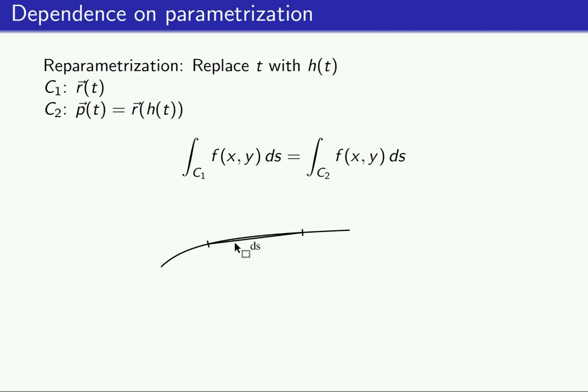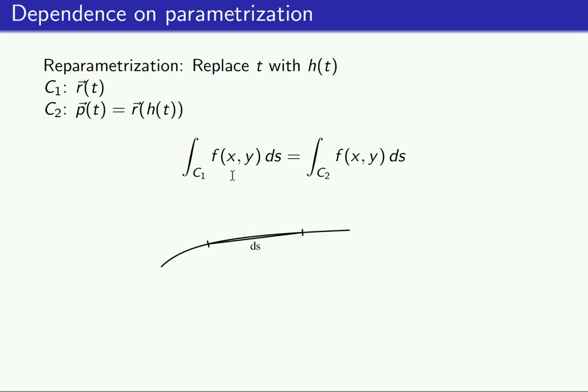Here's the curve. Here are two tick marks. Here is ds. That's this length. We're going to multiply f times ds. Now here's the thing. These tick marks will be in different places for these different curves, depending on the parameterization. But when you have more and more tick marks, you're going to fill up this whole thing with tick marks everywhere.